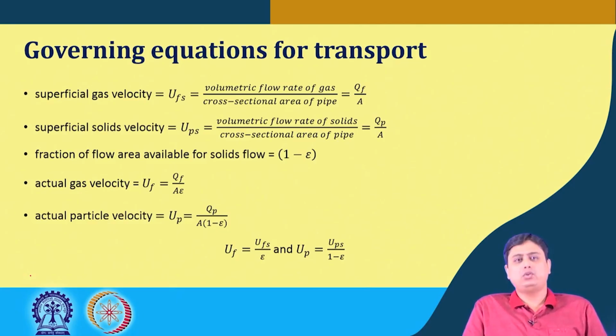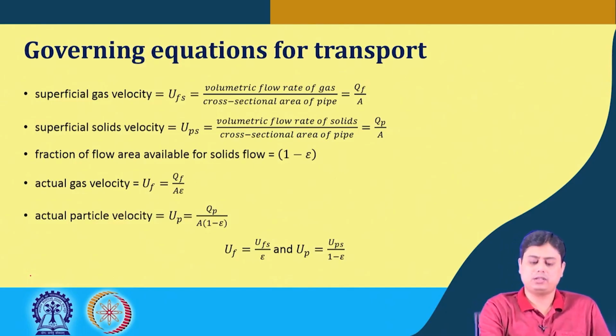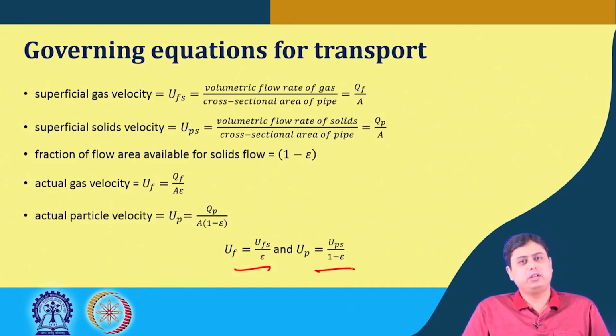And then the actual gas velocity is the superficial velocity divided by the porosity or the voidage, the respective volume fraction. These are the relations we knew.